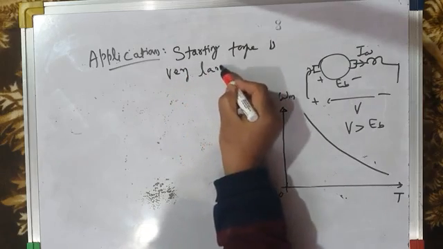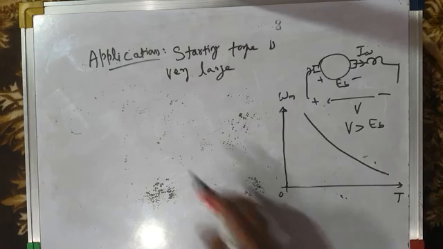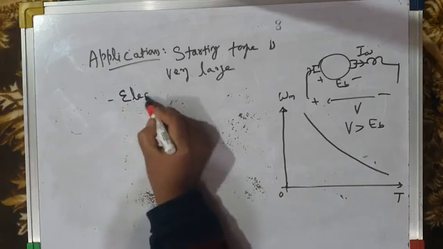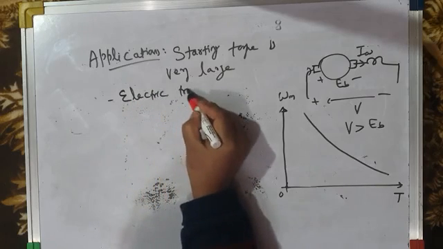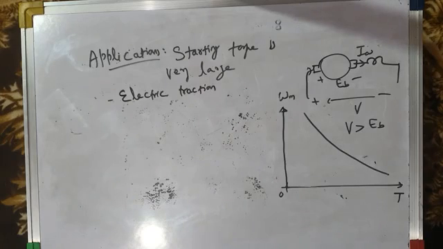So it is suitable for those applications where large or heavy starting torque is required. One example is electric traction, because when you start a train, you have to start it against huge friction torque, so it requires large starting torque.